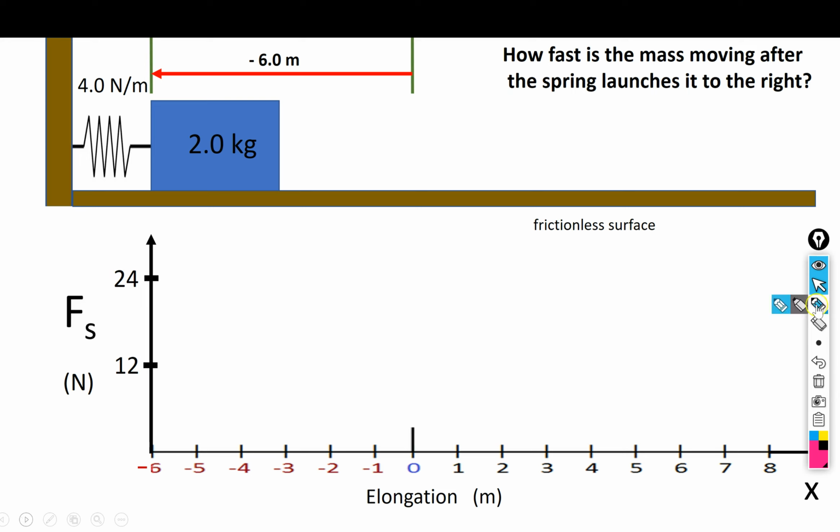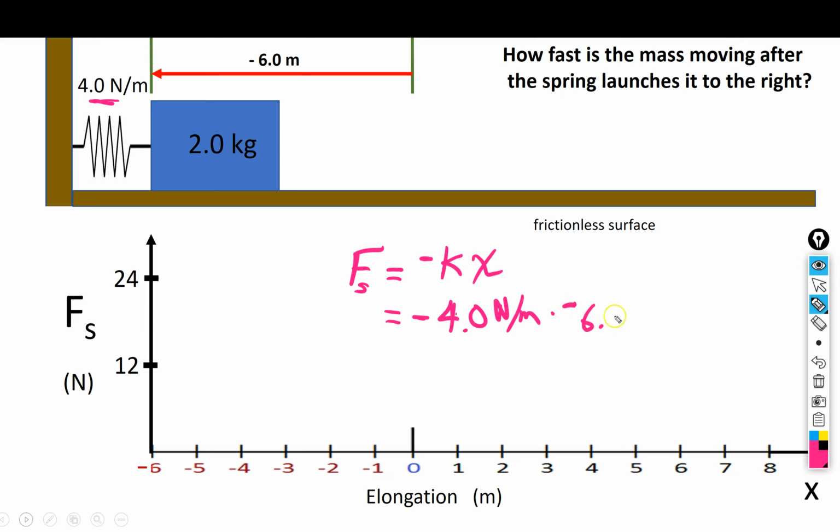So, what'd you get for the original force? We know that the spring constant is 4 newtons per meter, and Hooke's law tells us that the force acting on this object due to the spring is equal to negative kx, and in this case, the spring constant is 4 newtons per meter, and the elongation is negative 6 meters since it was compressed.